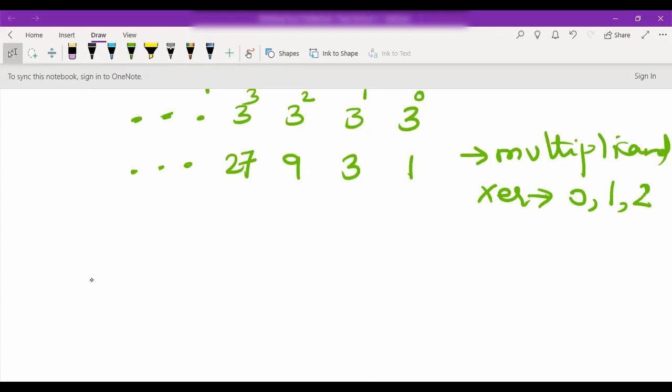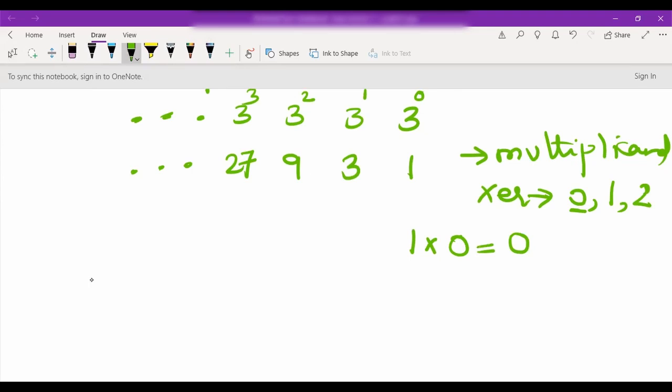I want product 0. Whenever number 0 is multiplied with any multiplicand, the product will be 0. Suppose your multiplicand is 1 and I multiply with this multiplier 0. What result will I get? I will get number 0. So this is how I will get number 0.